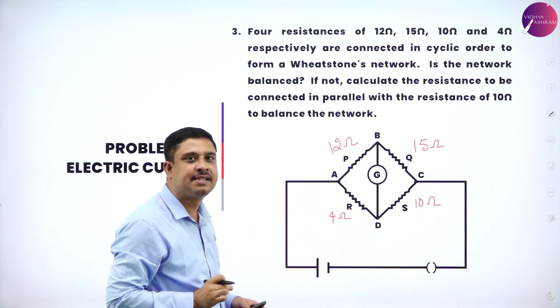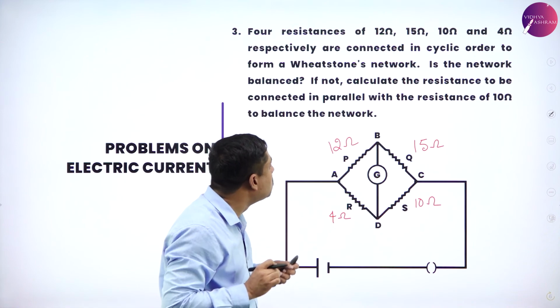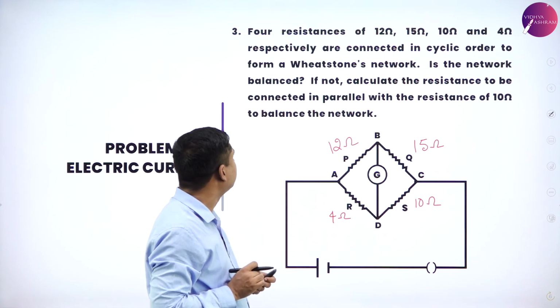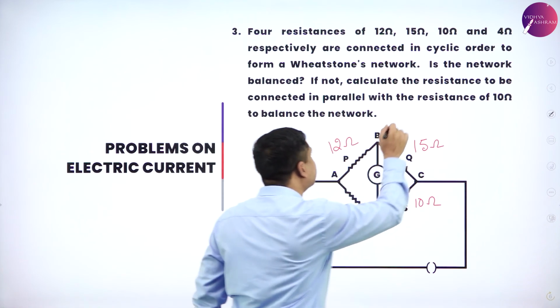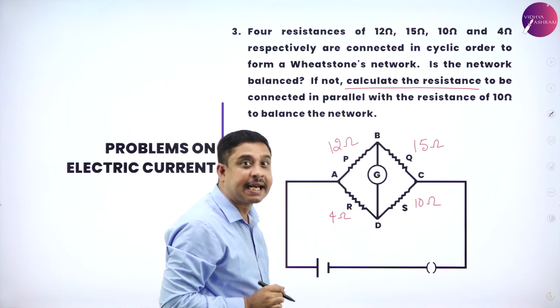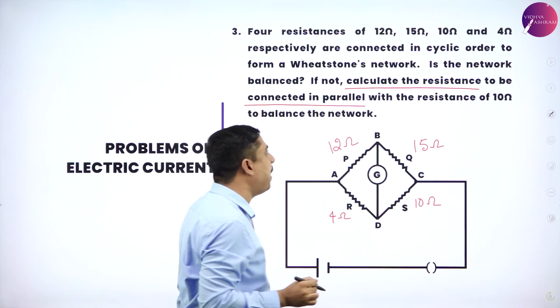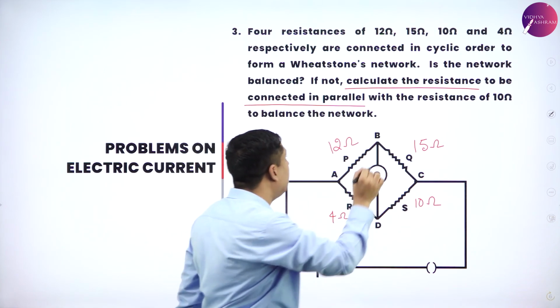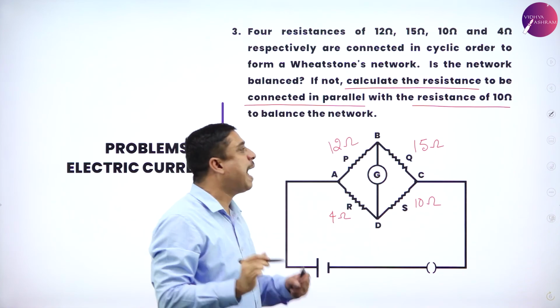Now he says, if the network is not balanced, what should be the resistance? Calculate the resistance to be connected in parallel with the resistance of 10 ohms to balance the network.